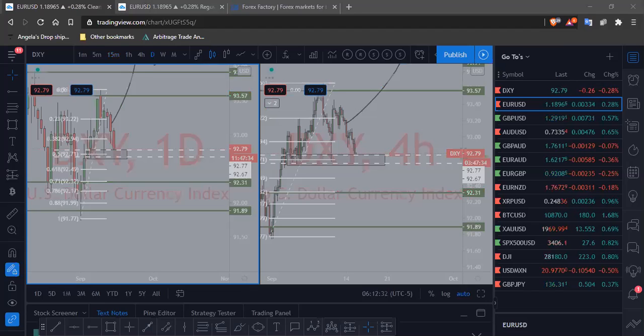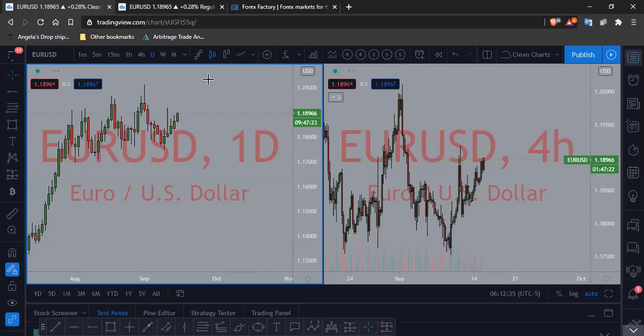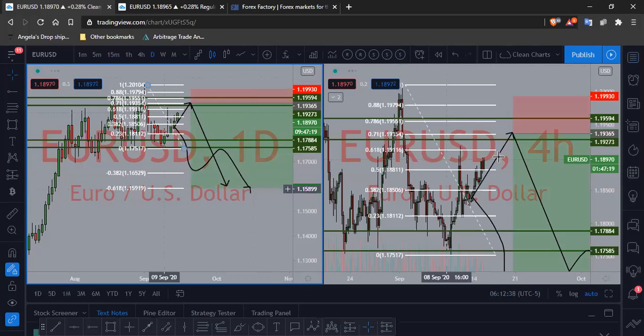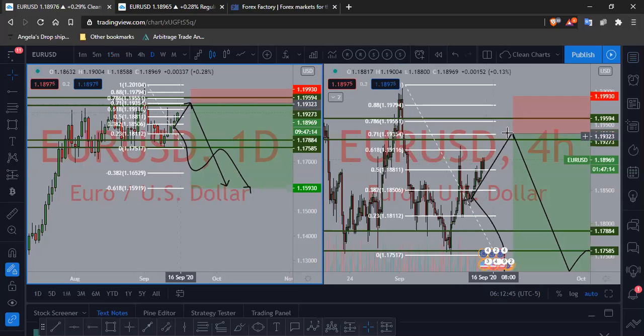All right, so EURUSD is coming towards my entry that I had mentioned at the 71% fib, but I'm still waiting a little bit.